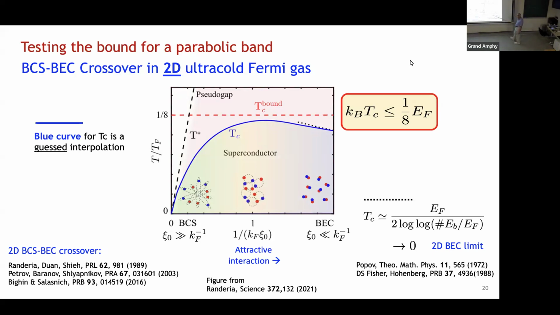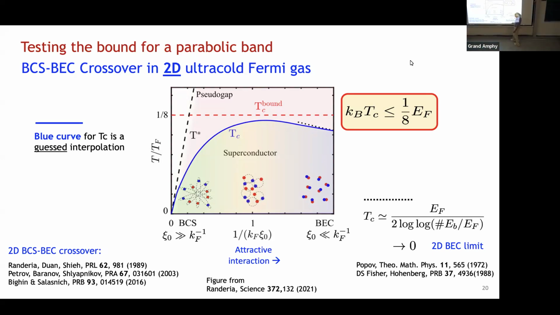Double logs only come from Russia. So it slowly goes to zero. That it must go to zero in the extreme BEC limit, all of you know, because in graduate school or somewhere you showed that in 2 dimensions, the non-interacting boson BEC temperature is zero, unlike in 3 dimensions. But interactions make it non-zero.